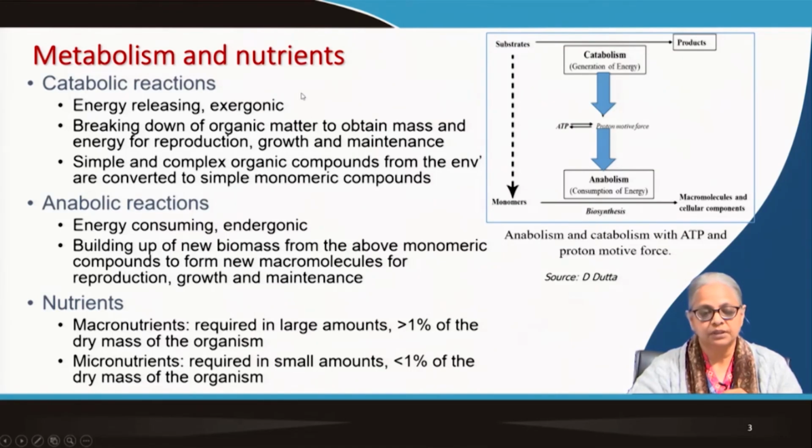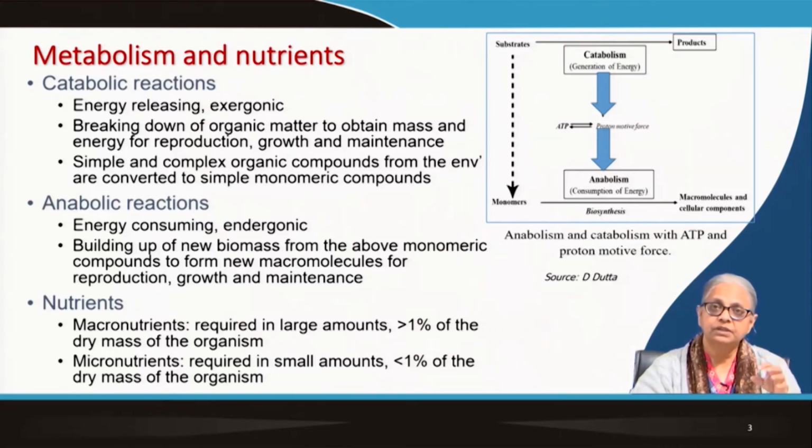This process of breaking down large molecules into monomeric units is an energy releasing reaction. So these are catabolic reactions as shown in the figure over here. Energy is released and therefore they're called exergonic reactions. Now this energy that is released in catabolic reactions is trapped in the form of ATP.